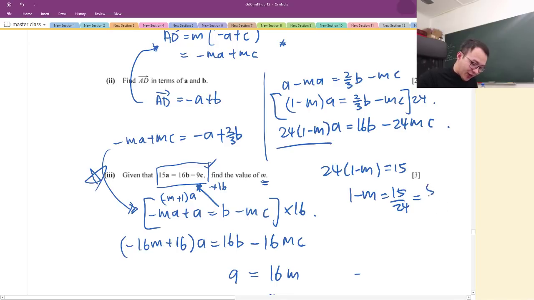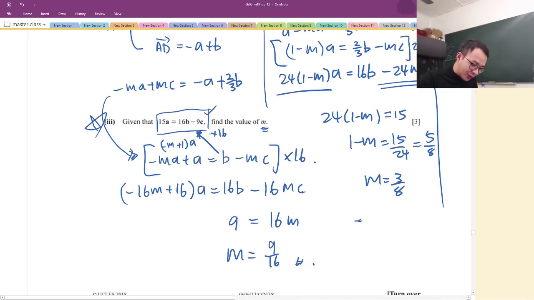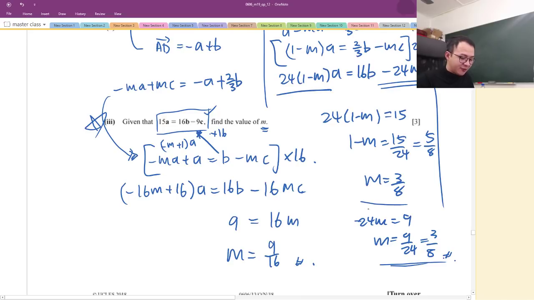So therefore m equals 3 over 8. If I do the other side, 24m equals 9. m equals 9 over 24 should be 3 over 8 as well. Yeah, because for this kind of question, both must get the same value of m.